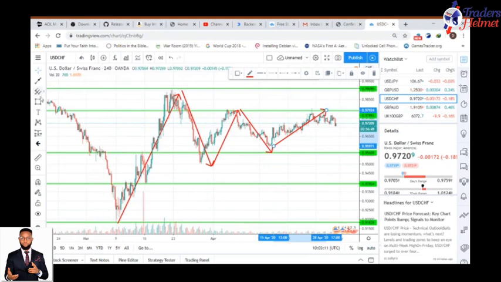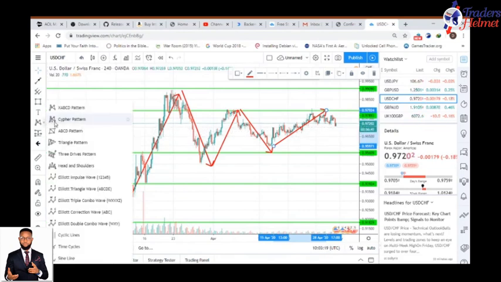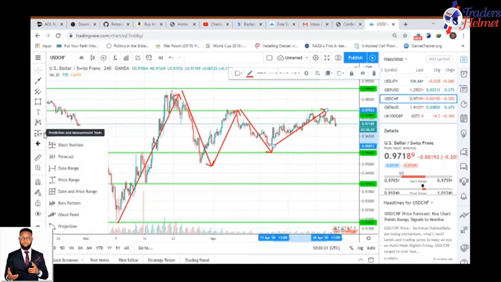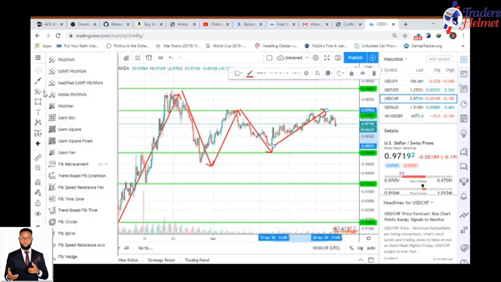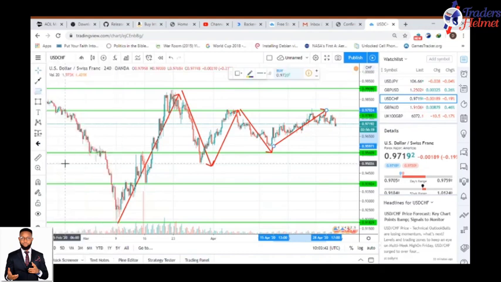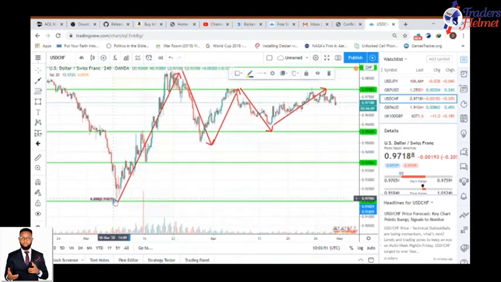Let's use Fibonacci retracement and see the retracement levels. Using Fibonacci retracement from the support, you take it up to the highest point. This is the highest point.